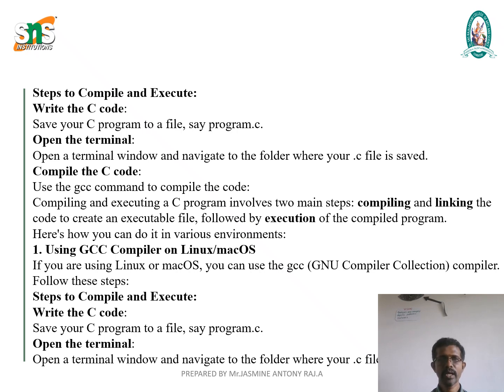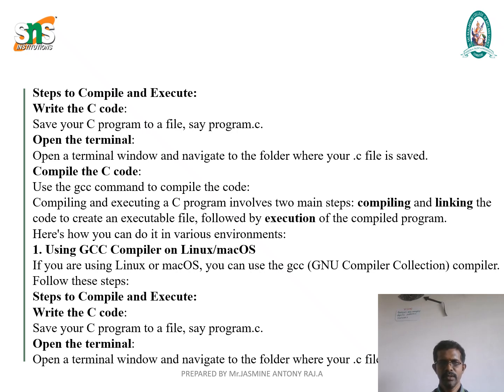When we are compiling, we check whether there are errors in our program. That is the process of checking the program's accuracy, and then executing. Once the compilation errors have been shortlisted, if there are no errors, we can execute so that we can get the result.